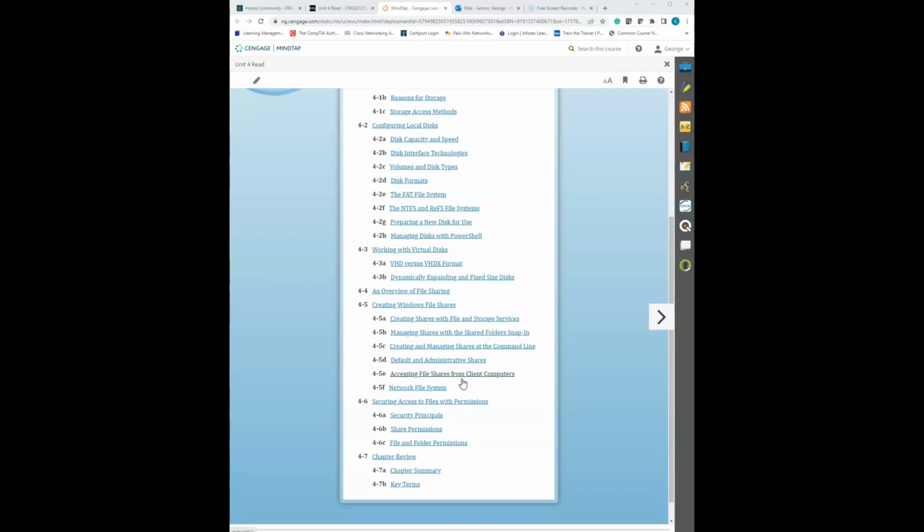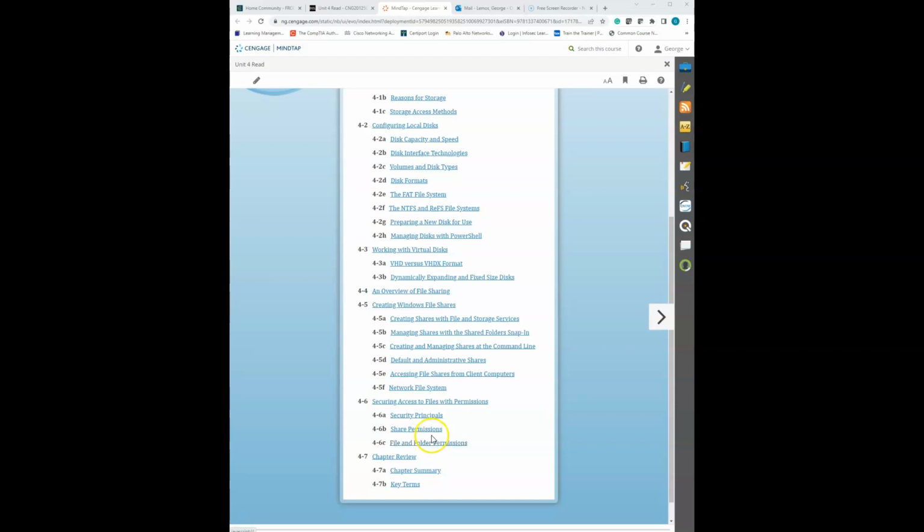Because not only are you sharing where the file is at, but a network file would be sharing the drive of the file. Yeah, I guess that's a good way to put it. But it's still just, in essence, a path to a set of files. Then we're going to talk about some security, share permissions, file and folder permissions, and then we jump in review.